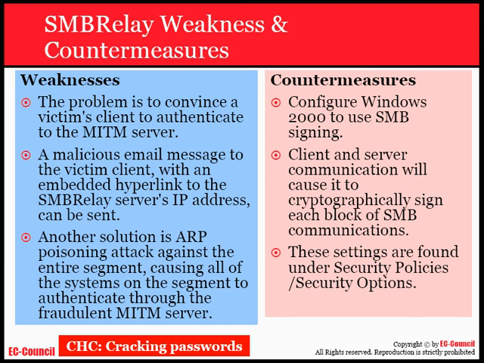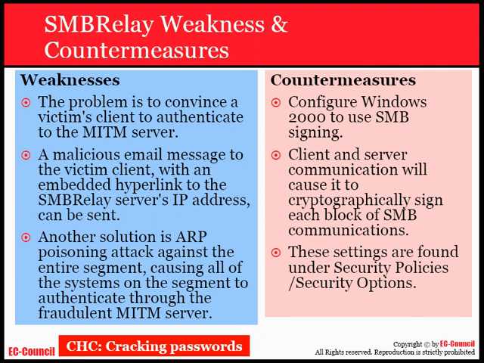So how can I implement countermeasures as a system administrator against these kinds of SMB attacks? Well, the first thing is I can configure Windows 2000 to use SMB signing. If I use SMB signing, that assures that my communication is only from this client to this client. That makes sure that each client and server ensures that the SMB packet or the SMB information came from them itself.